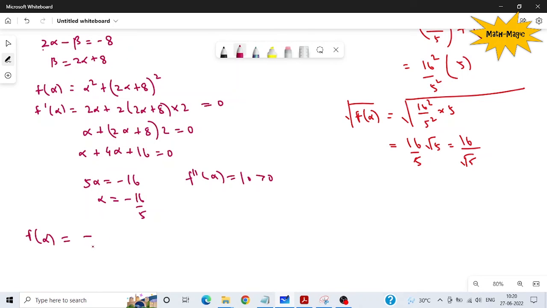So now let's find the function value at this minima. It's going to be (minus 16 by 5) squared plus beta squared, so it's (2 times minus 16 by 5 plus 8) squared. Done. Now we just have to simplify this.